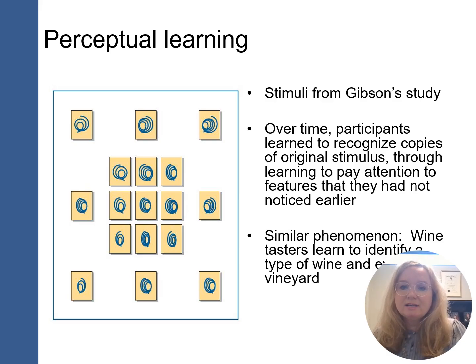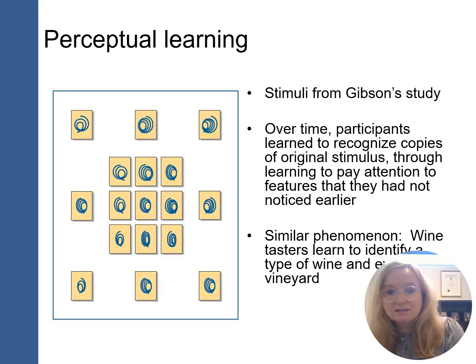think about a real life situation, like wine tasters. When they first start drinking wine, they're not going to be very nuanced, but as they get more and more experienced at tasting, then they'll be able to identify the type of wine, maybe even in the vineyard, the type of grape, the type of soil conditions that contribute to a particular taste as they get better and better at learning this perceptual information.